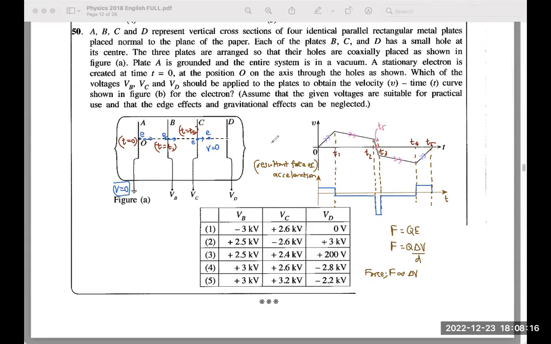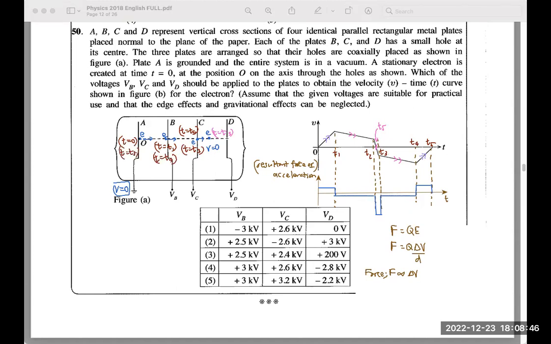So that stopping is happening when time is equal to t5. And it returns back, it moves in the opposite direction. So it is again here when time is equal to t3, again here when time is equal to t4, and once again here when time is equal to t5.